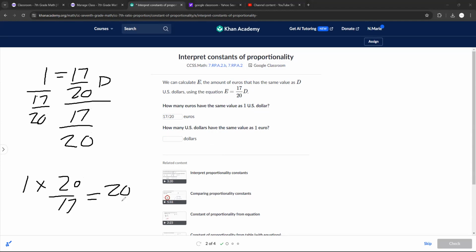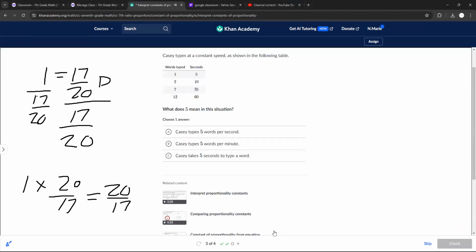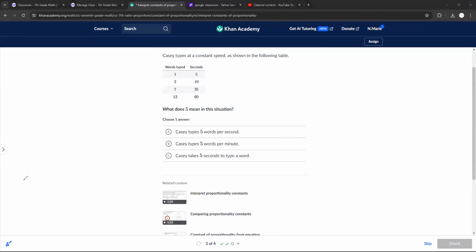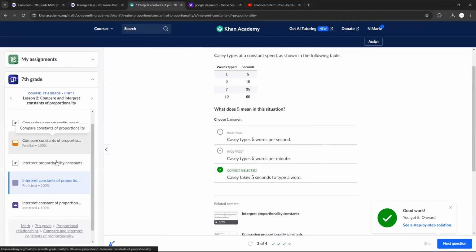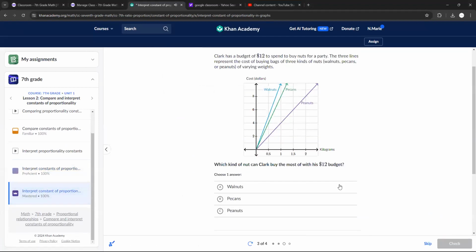And you would get 20/17ths. So 20/17ths of a dollar is 1 euro. What does 5 mean in the situation? Well, 5 seconds to type a word. These are pretty simple. Now interpreting constant proportionality.